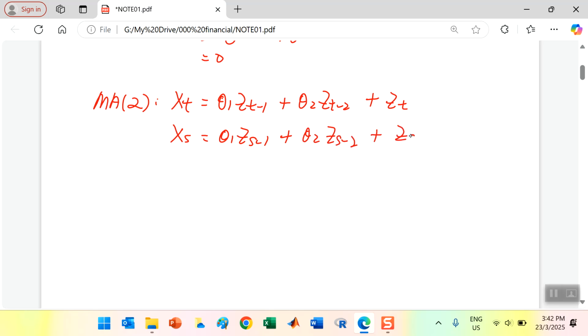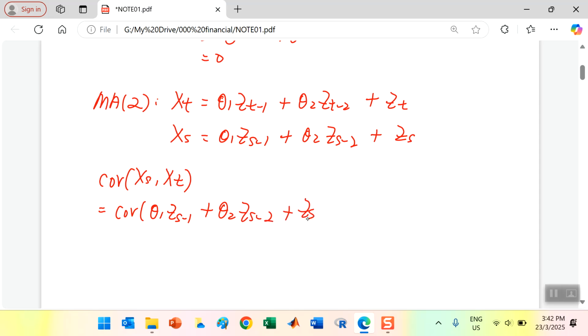If you would like to find the covariance between XS and XT, then you can find it using a similar way.